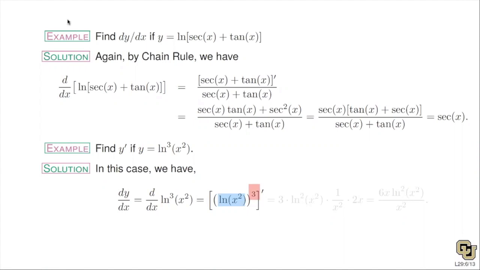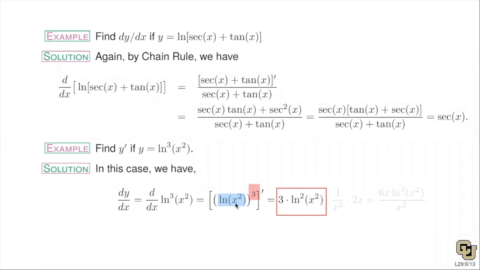So first I want to do the derivative of the outside, the derivative of something cubed. You bring the 3 down and you subtract 1 from the exponent. So here is my derivative of the outside function. I brought the 3 down, subtracted 1 from the exponent. That's where this square comes from. Times the derivative of ln of x squared.